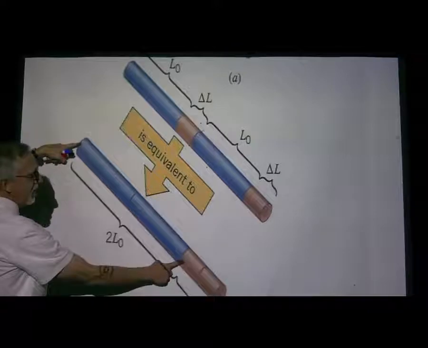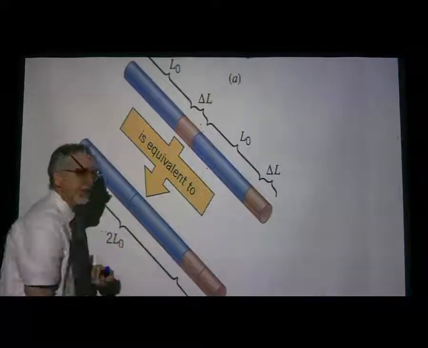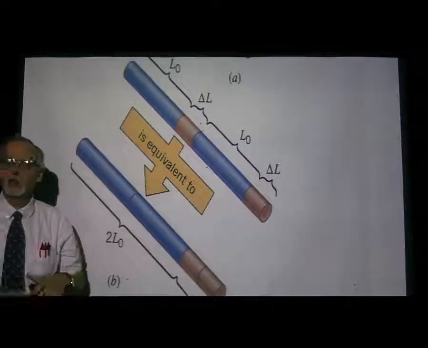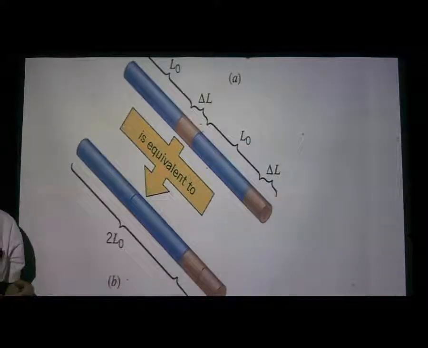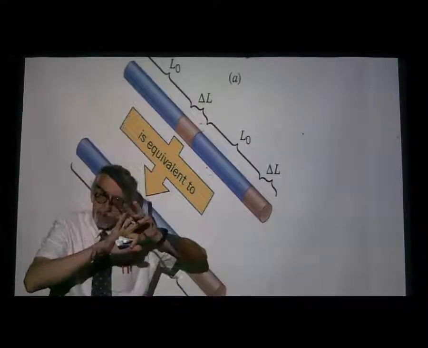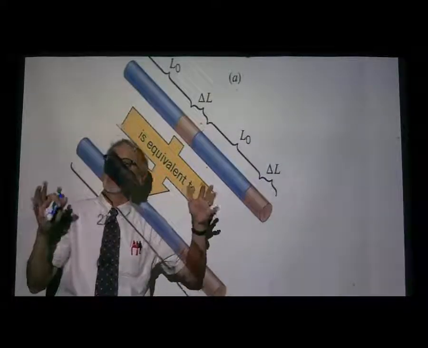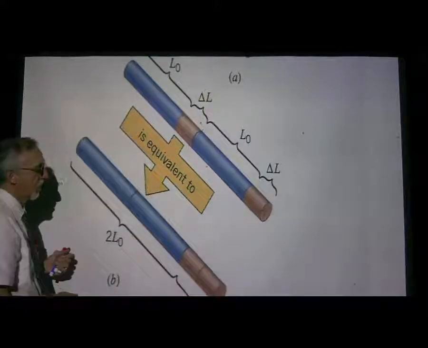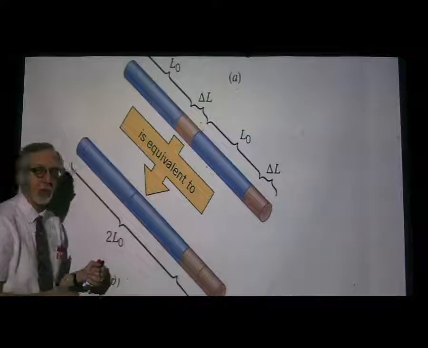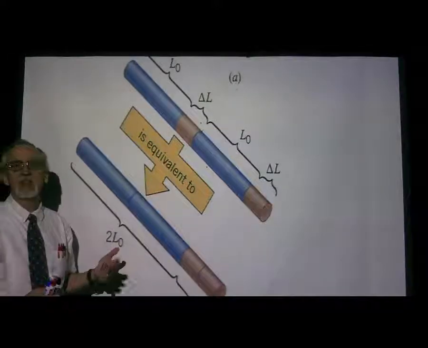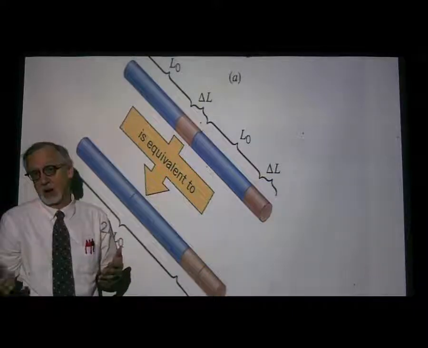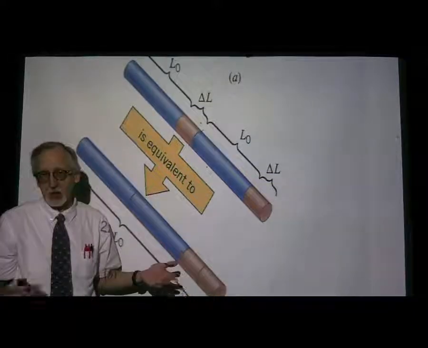The longer the original length, the more it's going to expand. Likewise, we might think the more energy we put in, the greater the temperature change. The more these things move around, the more they'll push each other apart, the greater the expansion, and that is also correct. So the larger the temperature change, the more it's going to expand. And then we might guess that different materials would expand different amounts. Some might expand a little bit, some might expand more, and that's also correct.